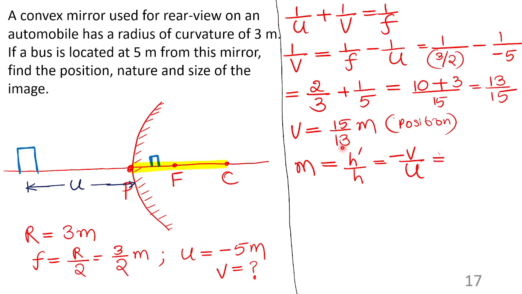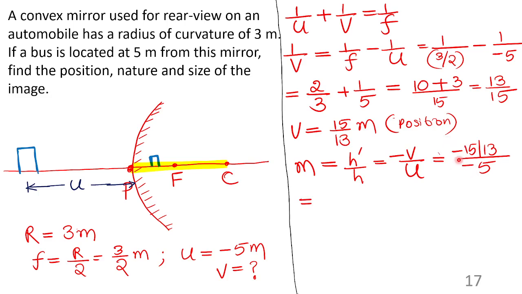Minus v will be minus 15 by 30. The v minus sign is there. V is 15 by 13 and u is what? U is minus 5. I have already written u as minus 5. I don't want to explain all the simple calculations, you can do them later.